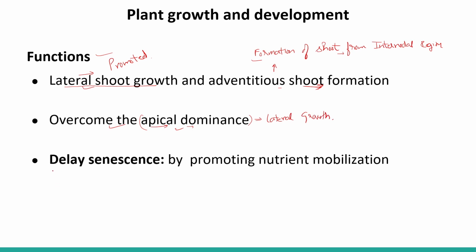The next major function of cytokinin is that it delays senescence. And how does it delay senescence? By promoting nutrient mobilization.